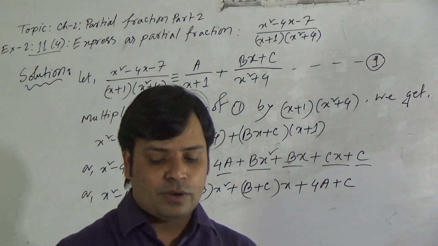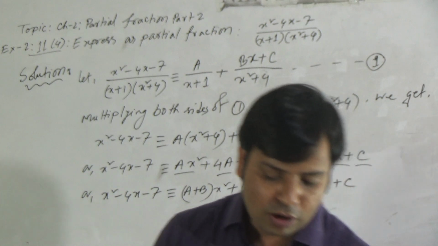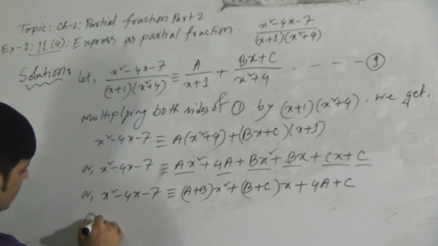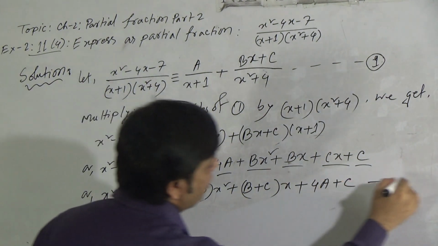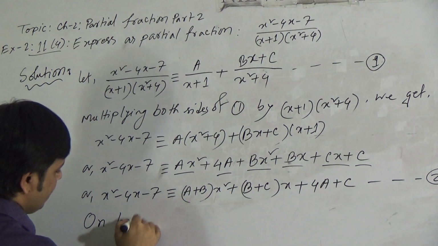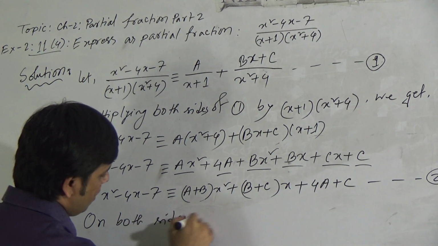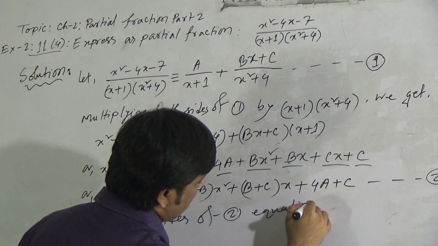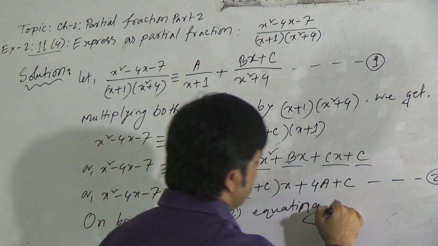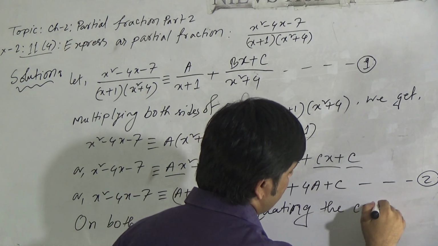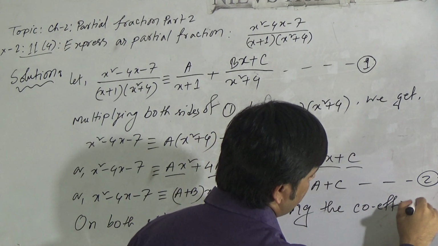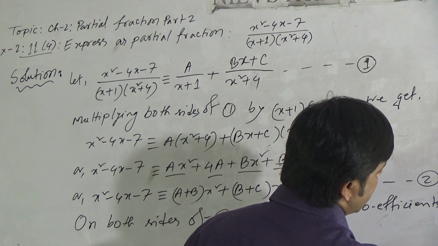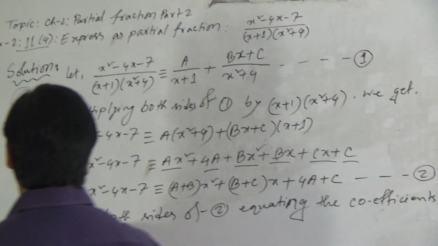So we can write: on both sides of equation 2, equating the coefficients of x square, x and the constant term.